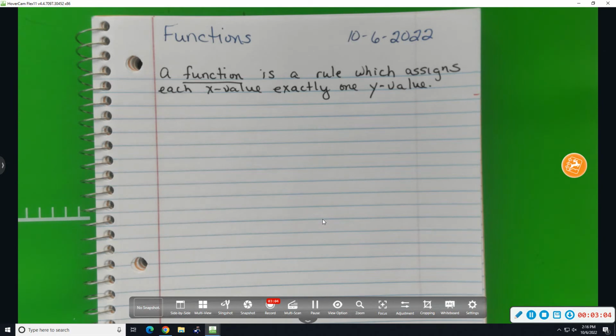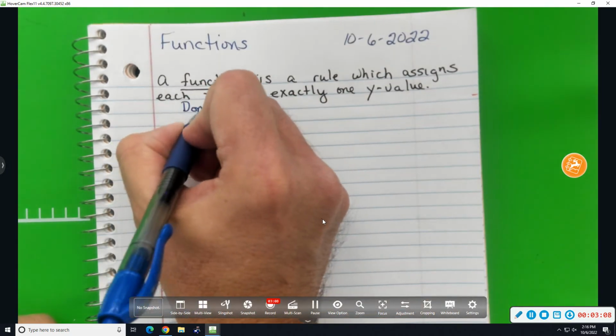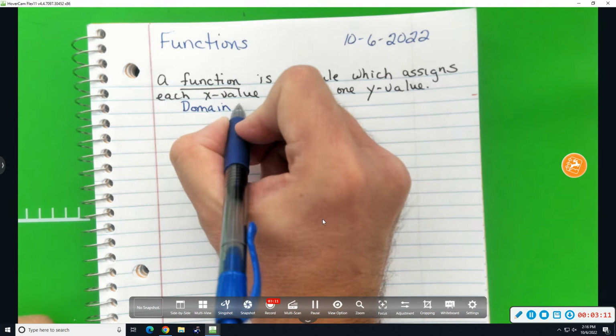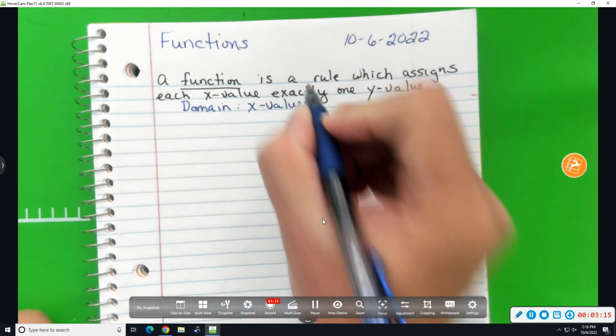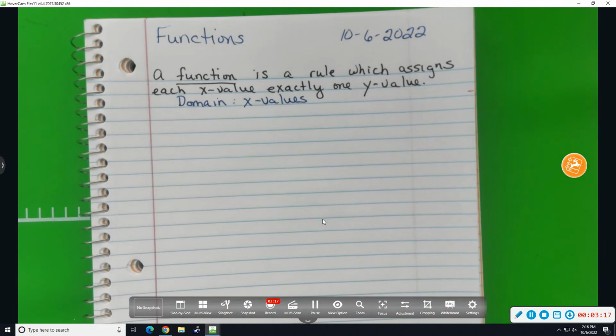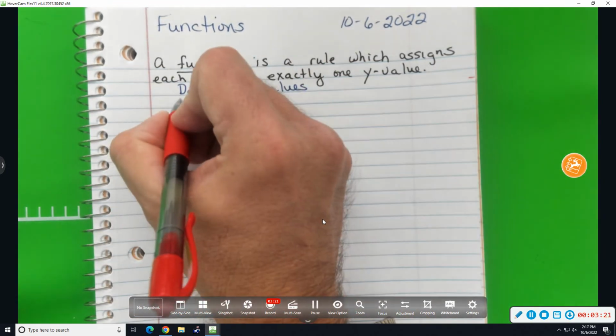Exactly 1. There's a special name for the x values in a function. We'll call the x values the domain, and the y values we'll call the range.